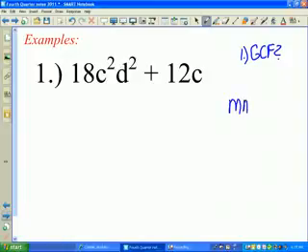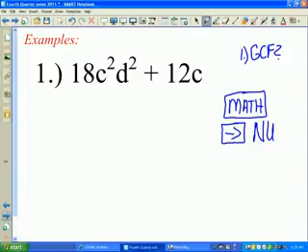So the way to do that is you hit your math button, which is right underneath that green alpha button. You're going to arrow over to where it says NUM, and NUM is just a short version of saying number.